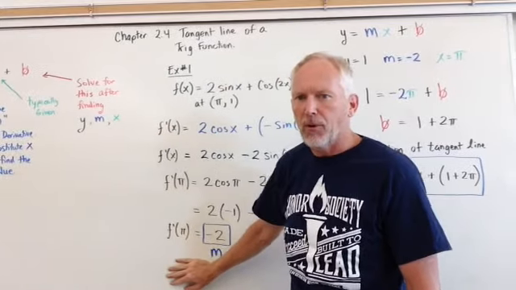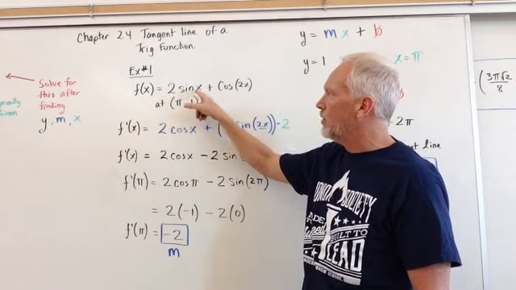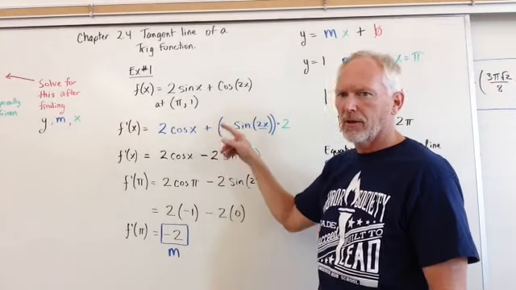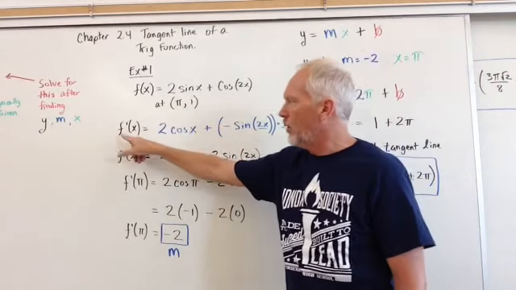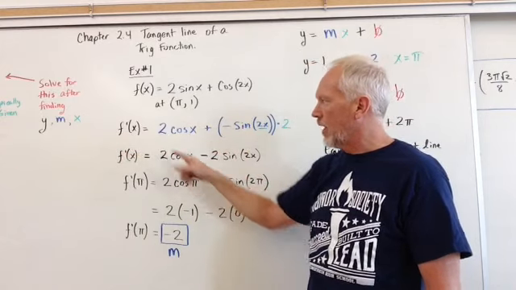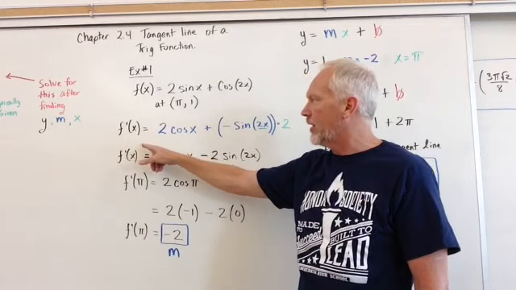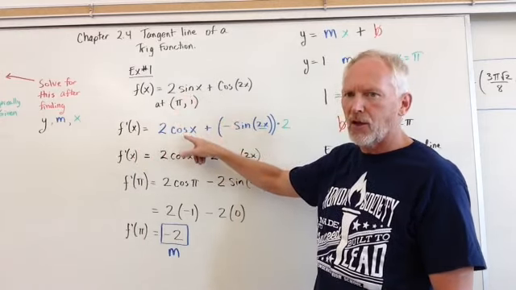Okay. Example number 1, here we go. We have the function 2 sine of x plus cosine 2x, at (pi, 1). In order to find our m value, we're going to take the first derivative, or f prime of x. And when we do that, the derivative of sine is cosine.